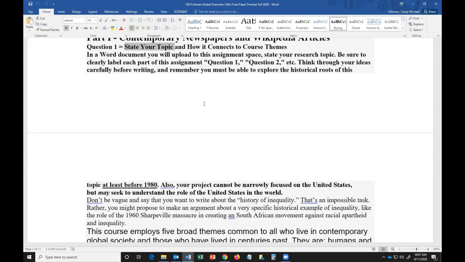So you would not be writing a paper on the US presidency, for example. Although you could, for example, be writing about the Cold War between the United States and the Soviet Union, and obviously with the US involved. But if you focus on the perspectives of the Soviet Union, you would be fine.